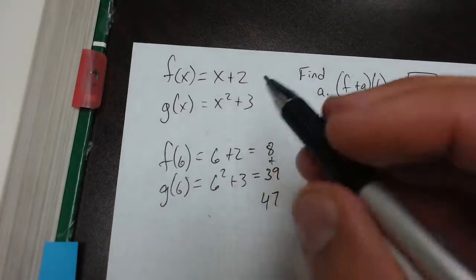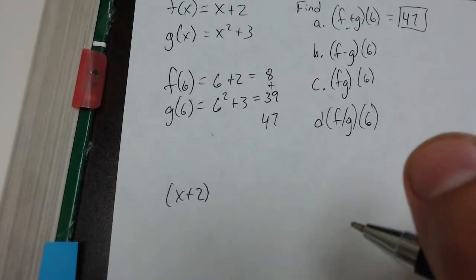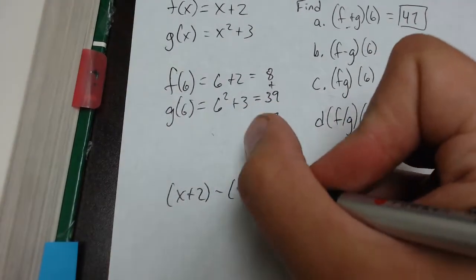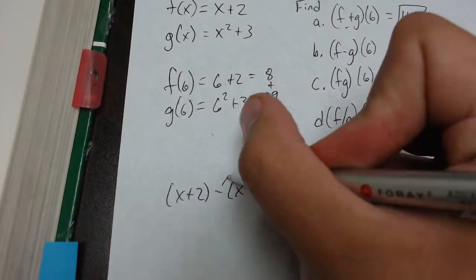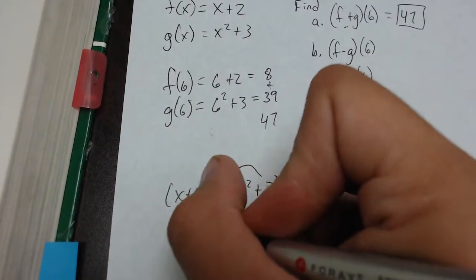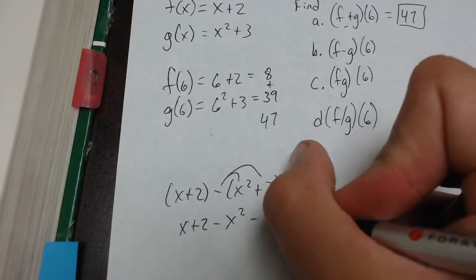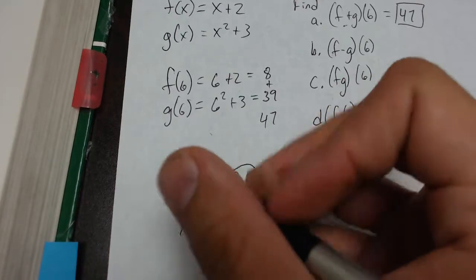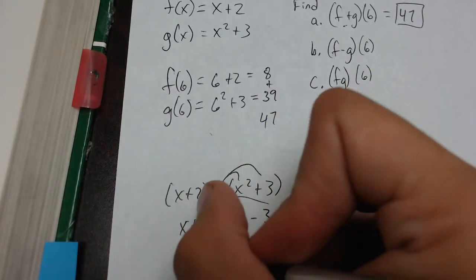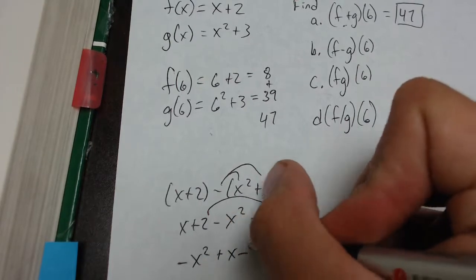So in this case, what we end up getting is x plus 2 minus x squared plus 3. And then this negative distributes, so what we actually have is x plus 2 minus x squared minus 3. Go ahead and combine like terms here, and then we get negative x squared plus x minus 1.